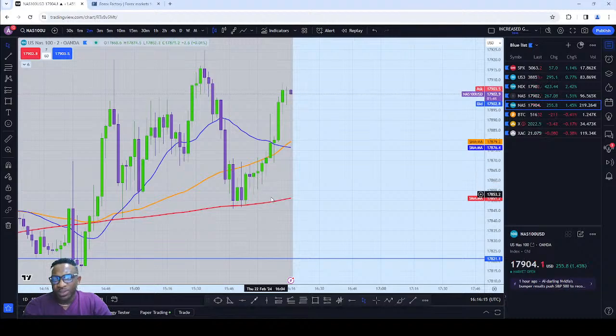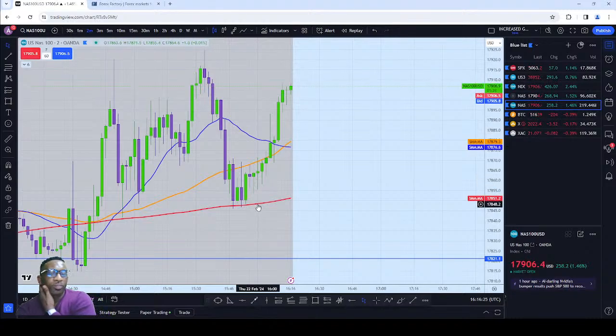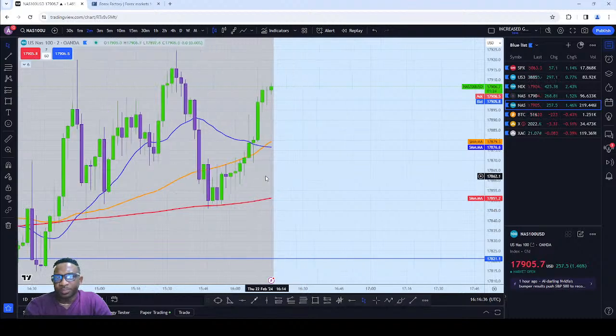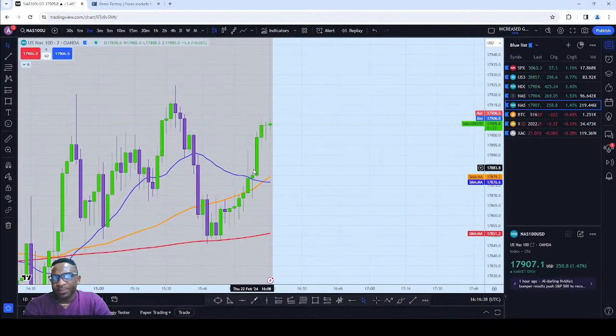Looking at these wicks, it would have had to be somewhere here. If we had left it somewhere here, then it would have been okay. But if you put it anywhere close by here, you get kicked out in no time. So even at this high, price is away from the moving average. If we had spotted it earlier, we could have gotten it here.